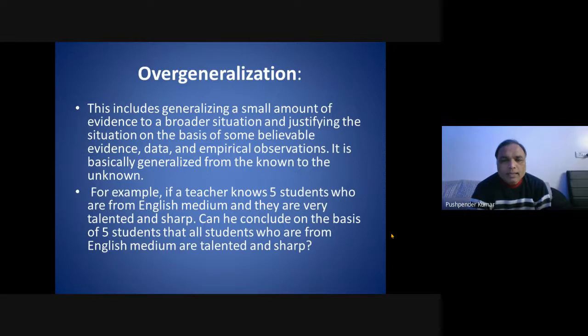So I took a very small amount of evidence, a small reflection from professors and students of the university, and I was trying to justify that it's not good to have discussion online because people are not able to learn. On the basis of small evidence, small data, small empirical observation, I was proposing something generalized, right? But it was not so.